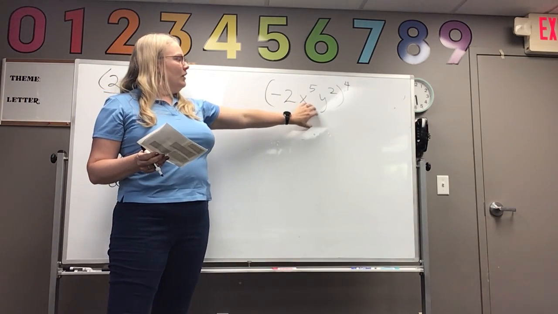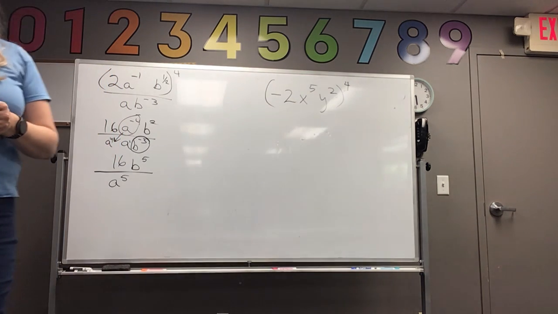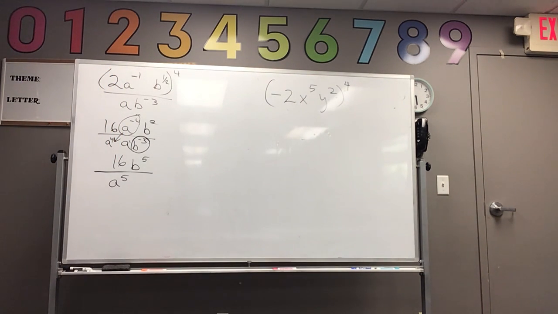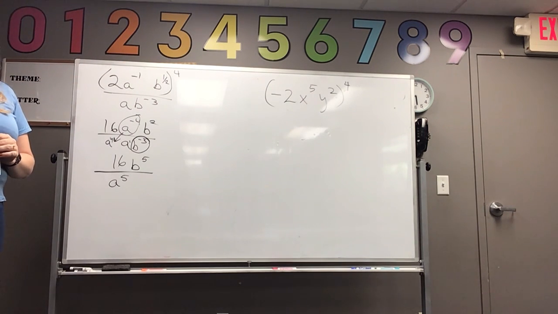Key question on this one, the fundamental mistake. When I distribute the exponent, same as last problem, it happens to be a 4 again. Not a guarantee, just a coincidence. What is my number out front going to be? Yes.